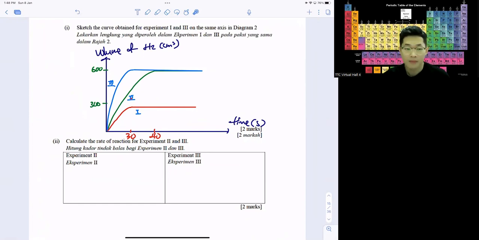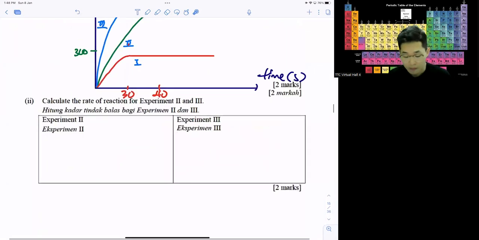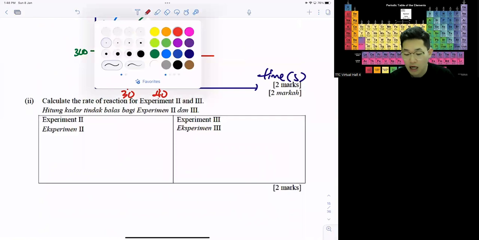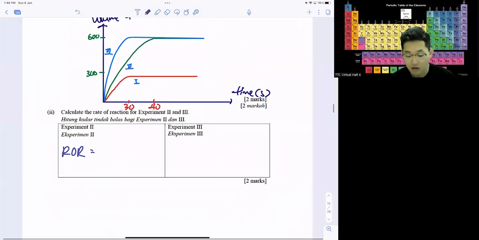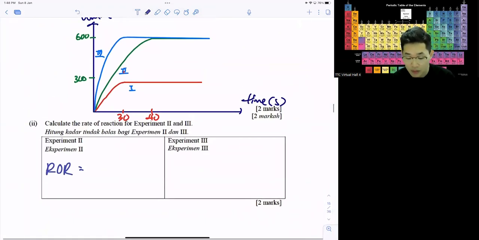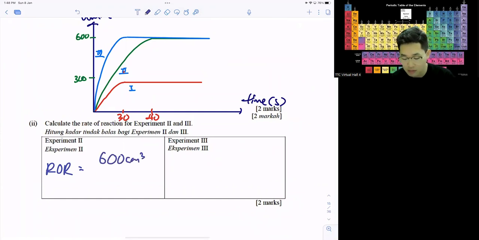Then calculate the rate of reaction for experiments 2 and 3. To calculate rate of reaction, it is quantity over time. For experiment 2, it is 600 cm³ over 40 seconds.